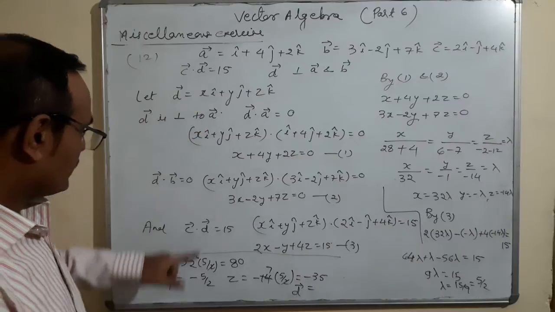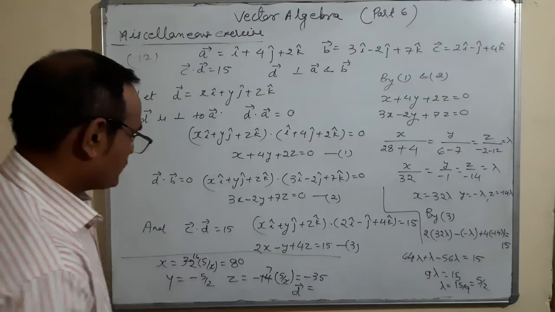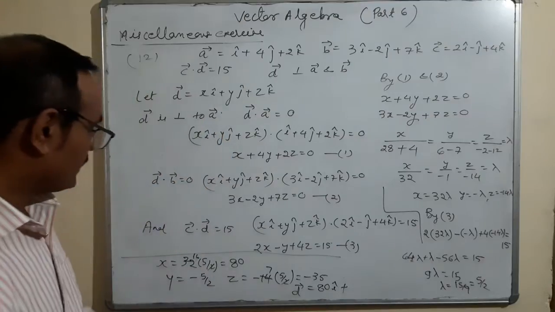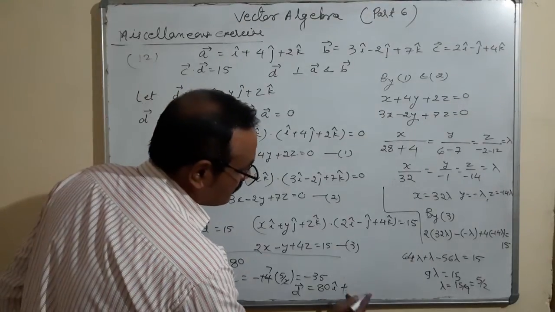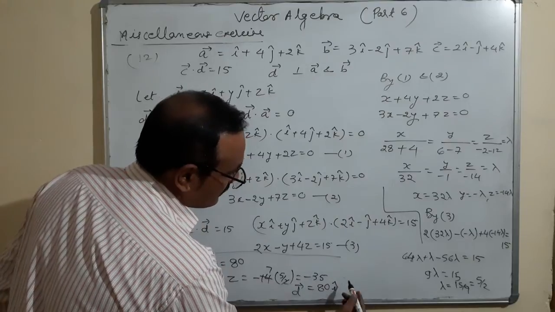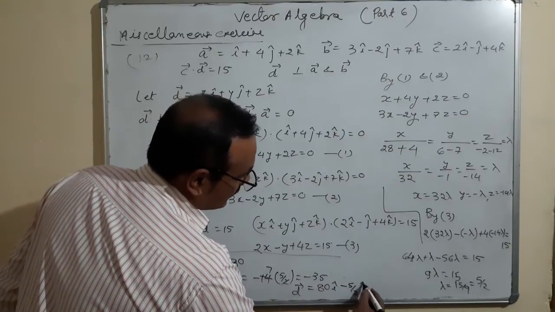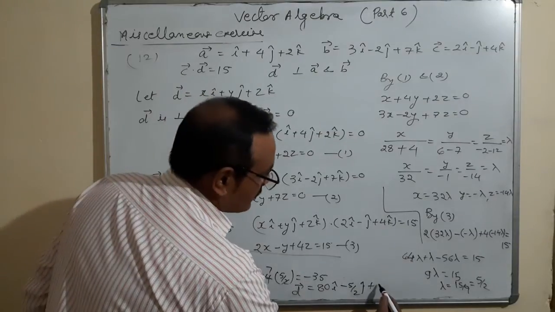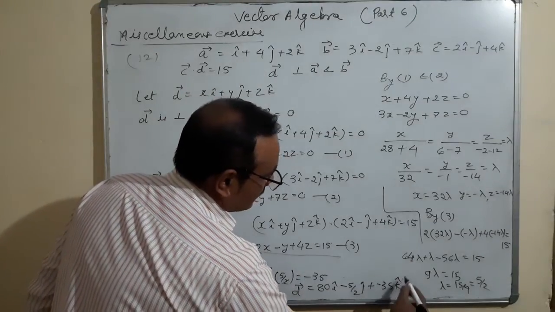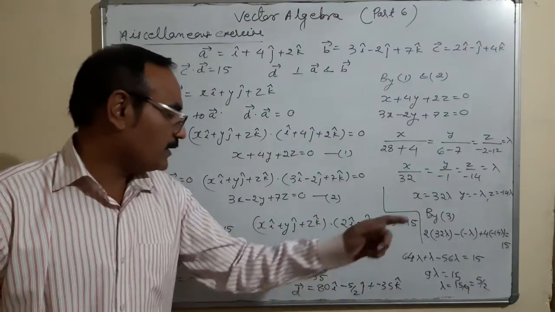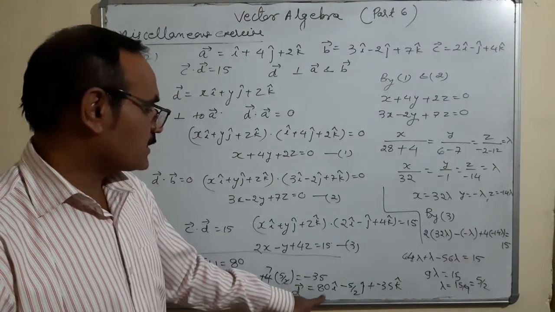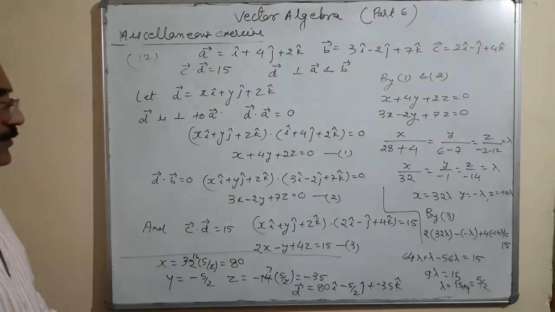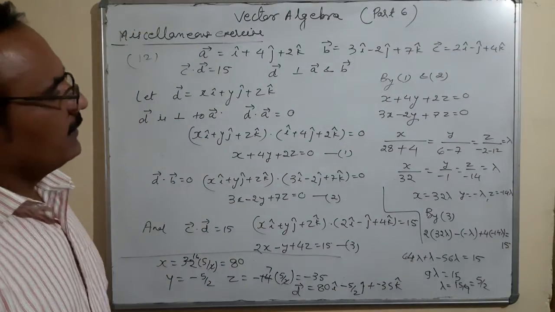X, that is 16 5 are 80i, plus y minus 5 by 2, so this is minus 5 by 2j, and plus z is minus 35, so it is minus 35k. Is it okay? So when we multiply it by 2, it is coming 160i minus 5j minus 70k. This is the value of vector t. Is it okay?